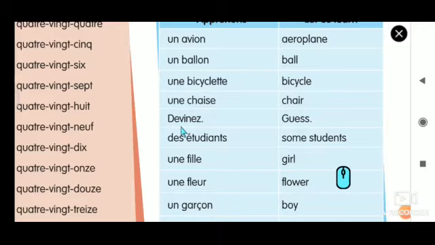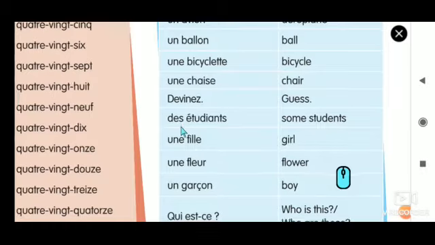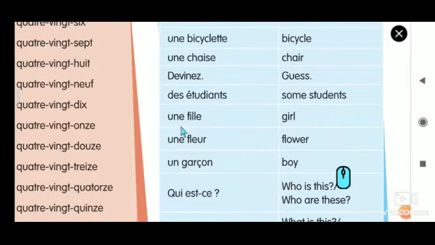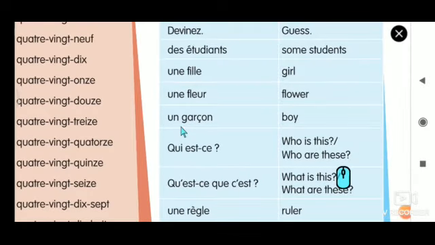Deviner, deviner, guess. Des étudiants, some students. Une fille, girl. Une fleur, flower. Un garçon, boy.